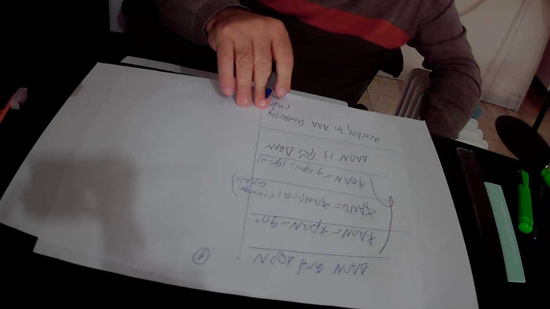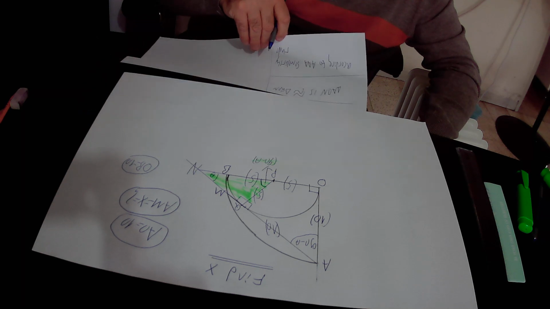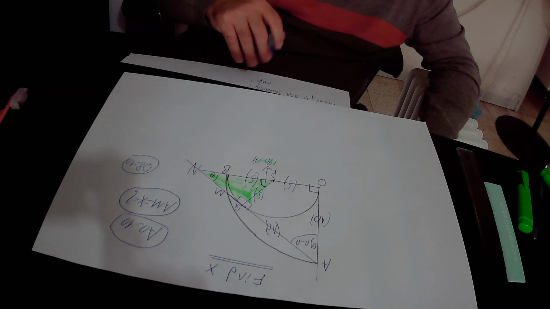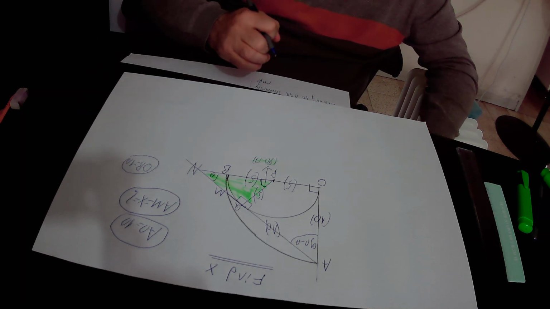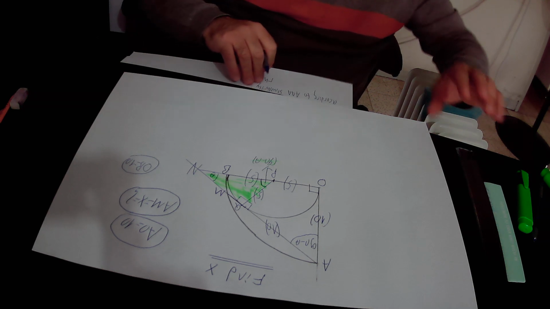And from the fact that triangle AON is similar to triangle QPN, we will derive that the following relationship exists between their sides.